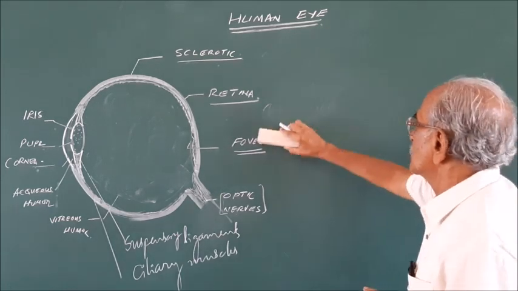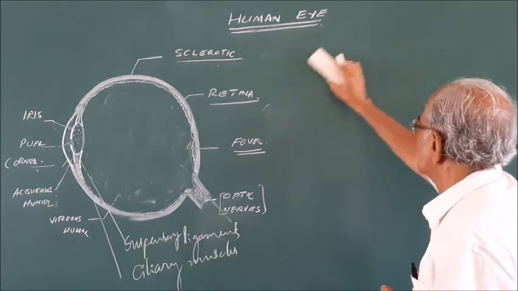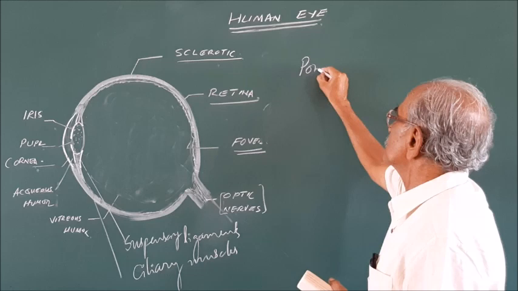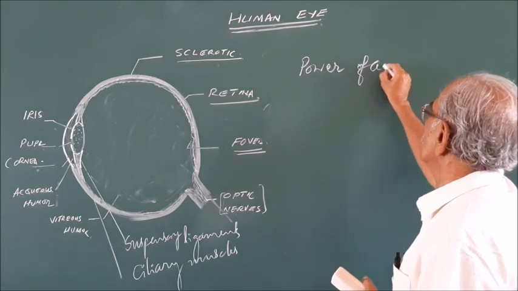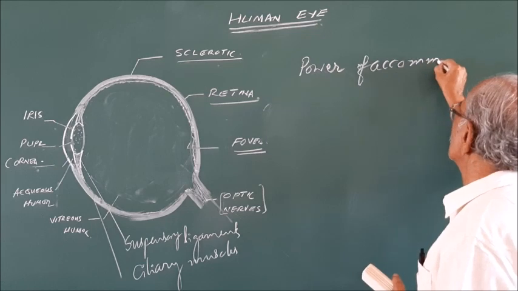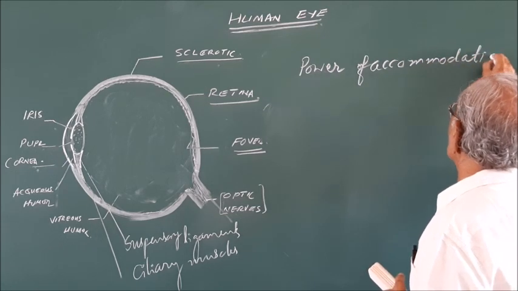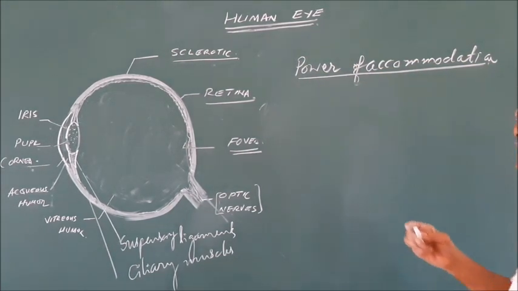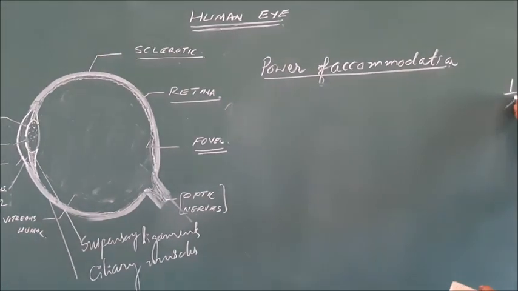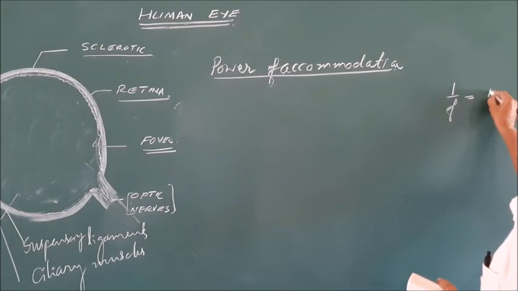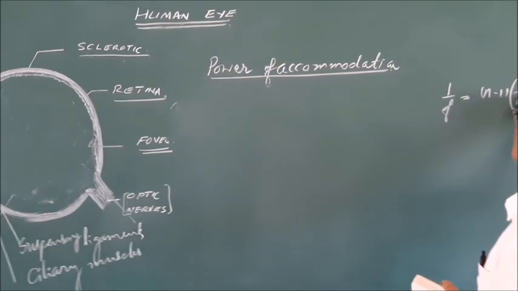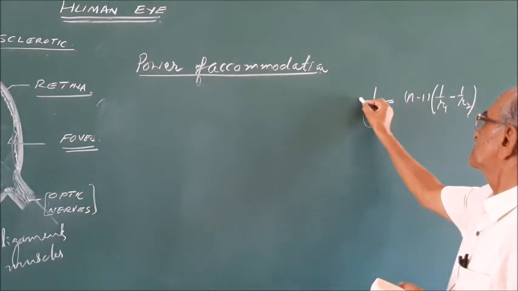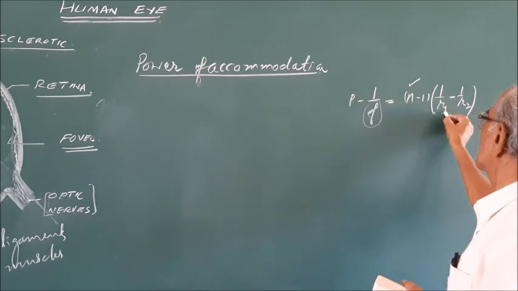Now, so far as our concern is concerned, here we speak of the power of accommodation of the eye lens. See here, if you remember the lens maker's formula, the focal length depends on the material and radius of curvature.